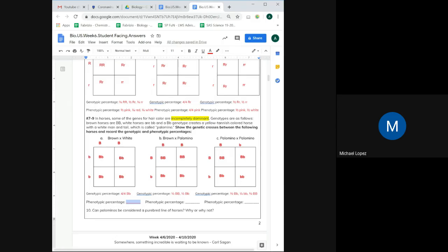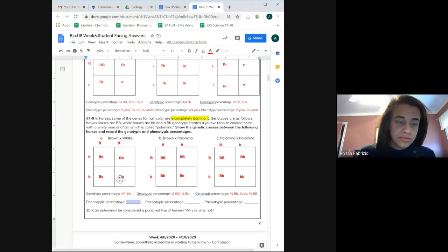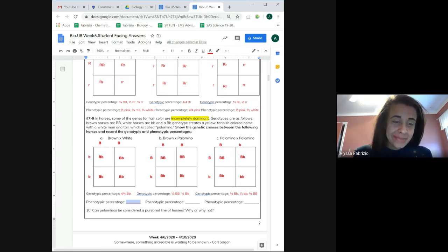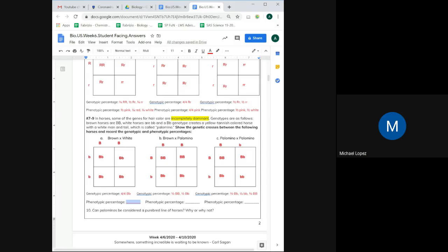It's going to be a... depends. How does it depend? I don't know. If they cross, then it's going to be either a brown horse or a palomino.